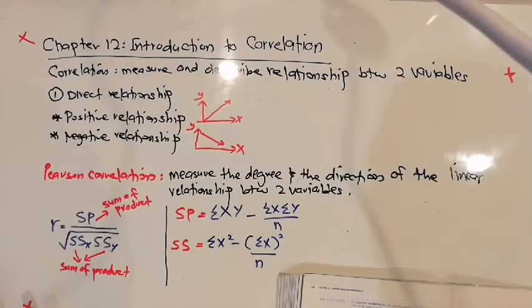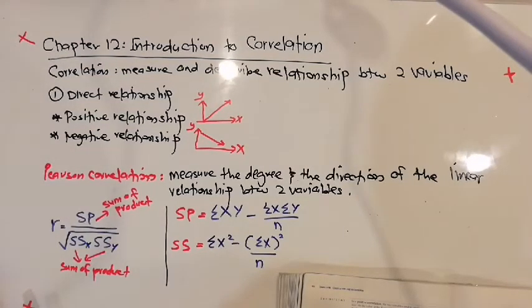For the negative relationship, for example, we want to see the variables coffee sold and temperature. When the temperature increases, does the number of coffee sold increase or not?